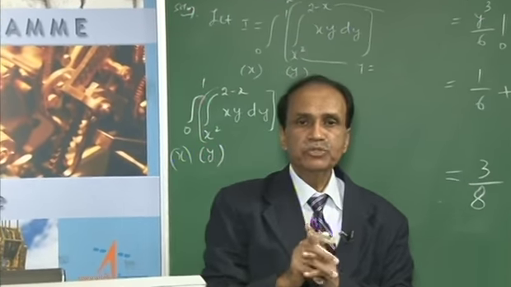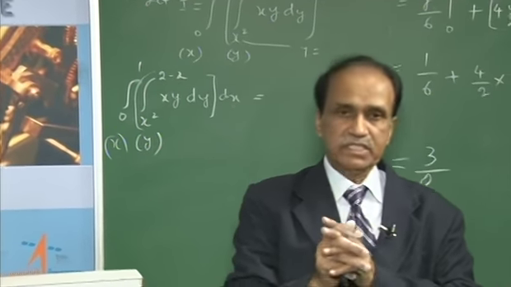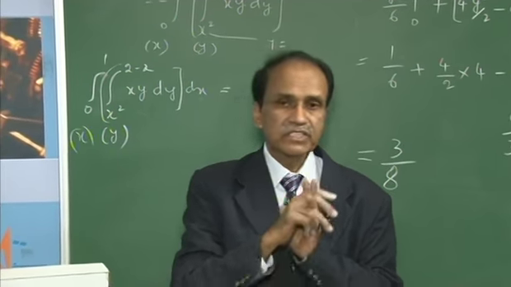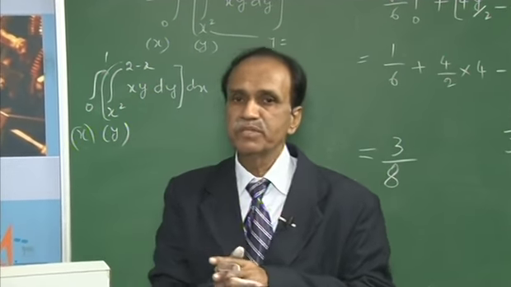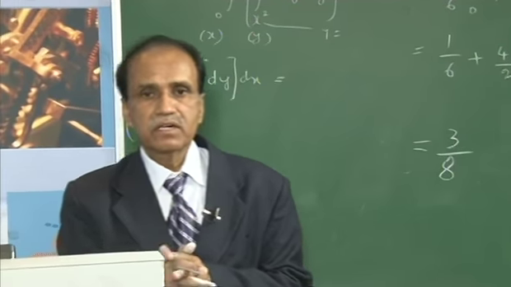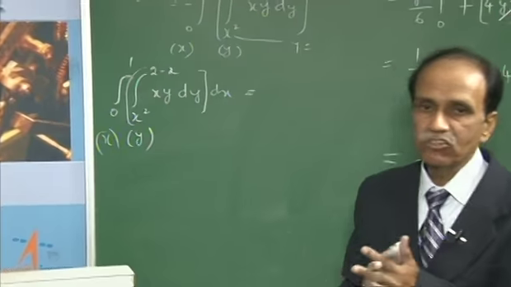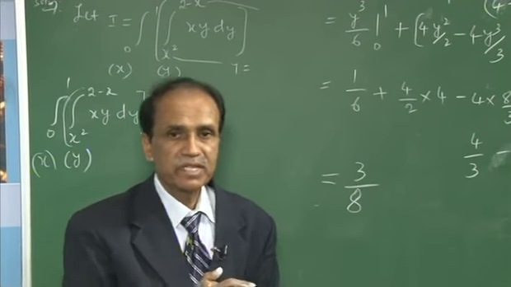Sometimes the function to be handled under the double integral becomes too complicated. Then if you transfer this Cartesian system into the polar system, the problem will be reduced to an easier form.